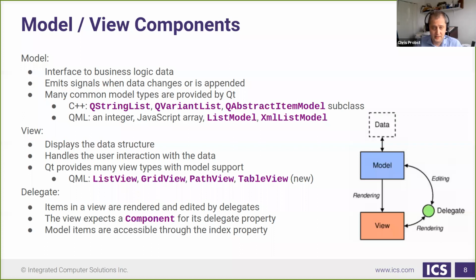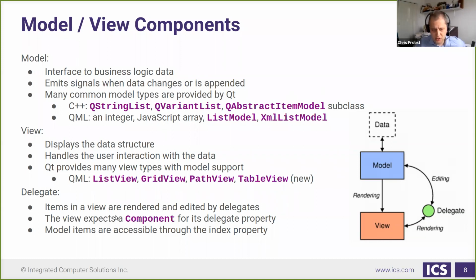Qt provides model classes. When we instantiate any of these view classes, we export the model classes from the C++ to QML, and then we set the model property of these views to be a C++ model. I will show an example.